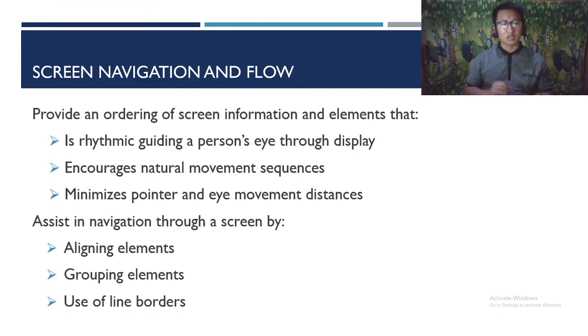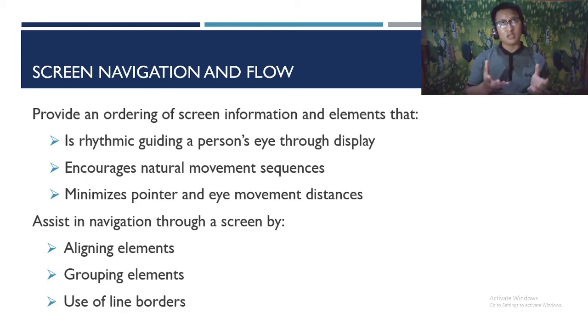So this is one thing that we need to consider when navigating the screens. It is very important to have an alignment of all the elements inside the screens. For example, if our display doesn't have alignment, what will happen?